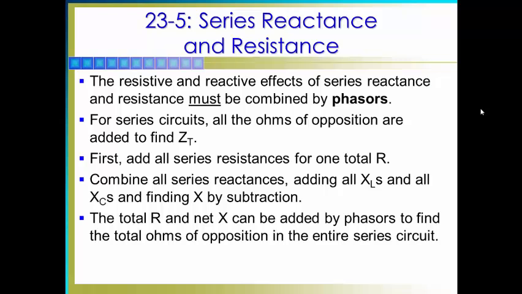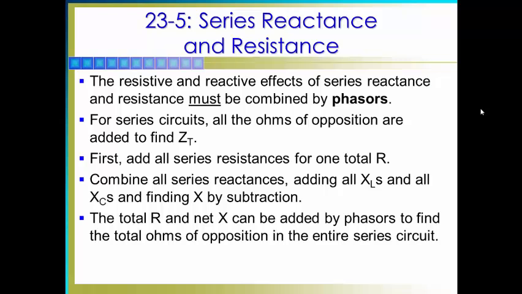Another important point when you're doing the analysis of the resistive and reactive parts of the circuit: the effect of the series reactance and resistances must be combined in a phasor diagram. For series circuits, all the ohms of opposition are added to find the total impedance, Z total.